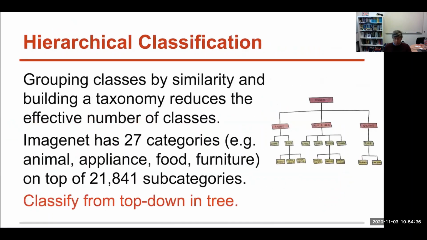In image processing, there's a famous example of ImageNet, where they tried to build examples of what are you seeing. A bird? What kind of bird? Is this a pigeon? Is this a duck? Is this a parrot? When I looked at it, there were 21,000 different categories.